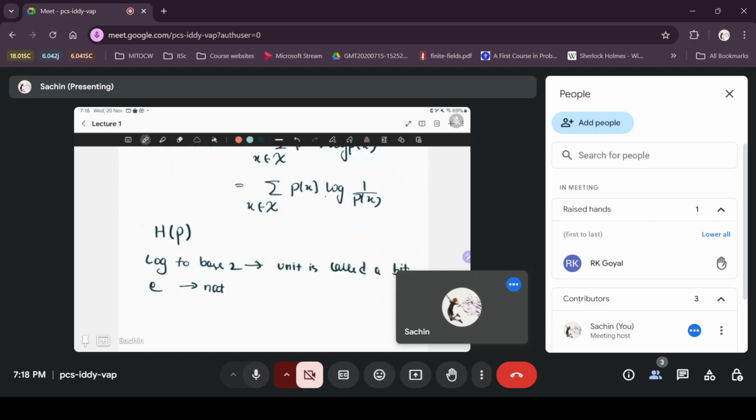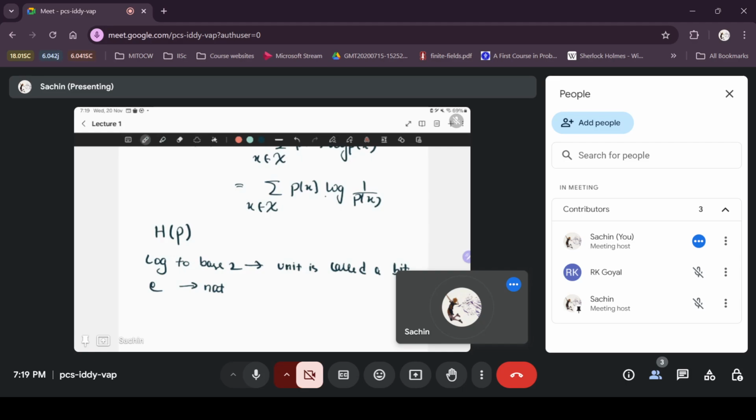For base 10 I don't remember, but mostly we'll be using bits because we are working with information, and most of the time we'll be representing any information with a sequence of binary digits. So bits will give a physical sense to what it exactly means.